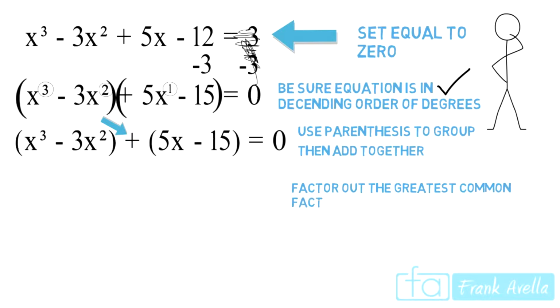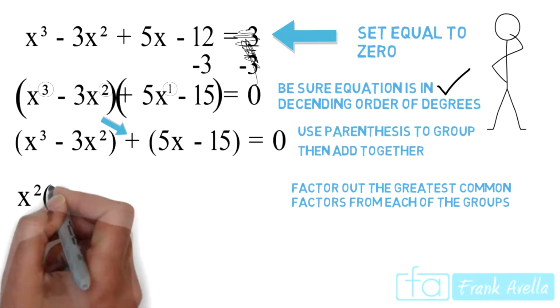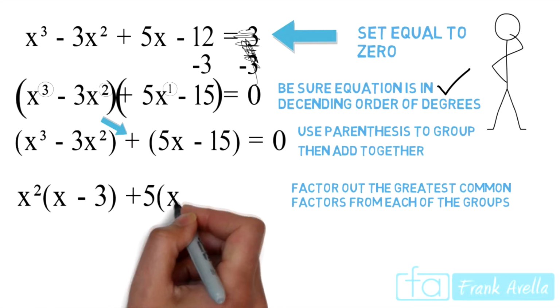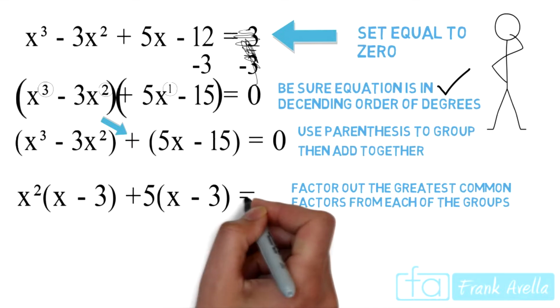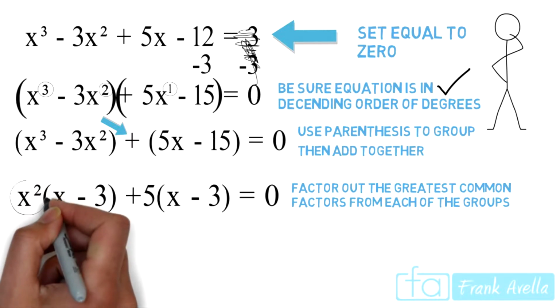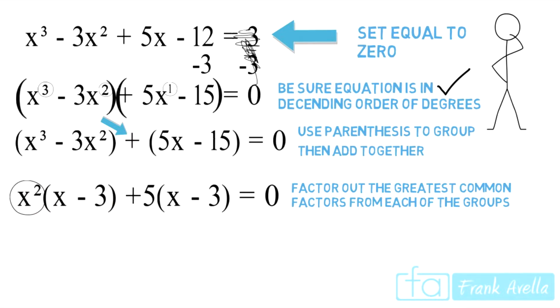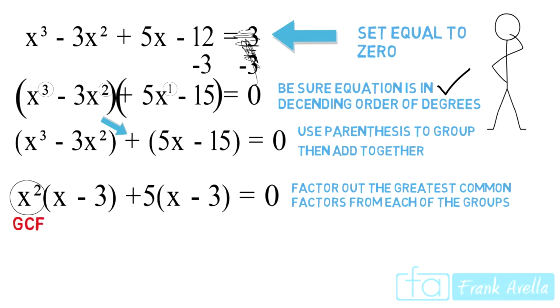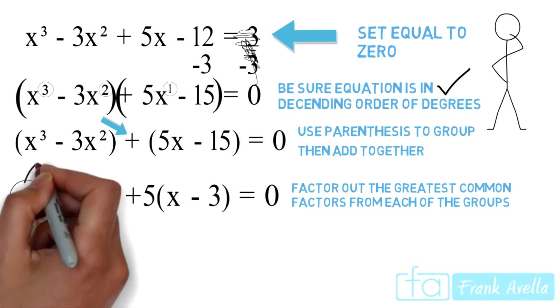So our next step is to factor out the greatest common factors from each of the groups. Factoring out the greatest common factor, we have x squared times x minus 3 plus 5 times x minus 3, again, equals 0. And notice x squared is our greatest common factor. X squared is the highest factor that can go into x to the third and go into -3x squared.